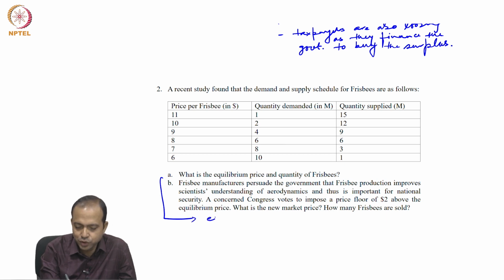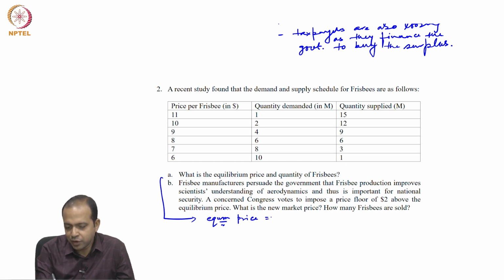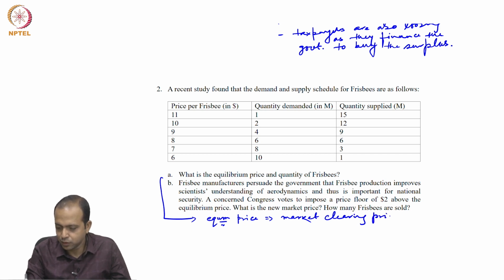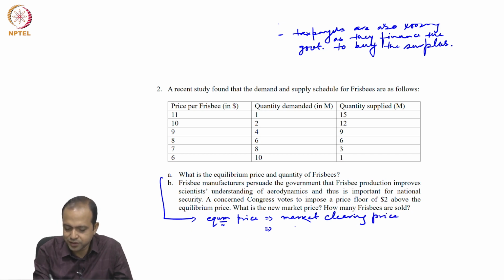So, that is why equilibrium price implies market clearing price. This implies demand equals supply.